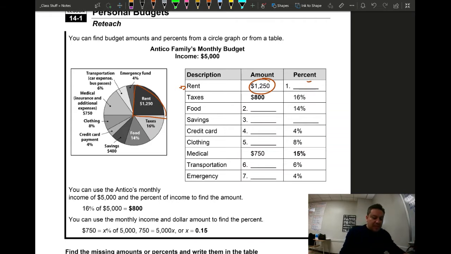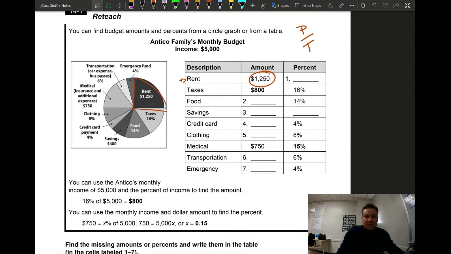So I'm gonna leave that pending, and this is where we're gonna do a part over total, okay? Part over total. The part is gonna be whatever the description is, and the total is gonna be the total income. This is always gonna be the total. Whatever their income is, whatever their budget is, that's gonna be the total, and it's always gonna go on the bottom.